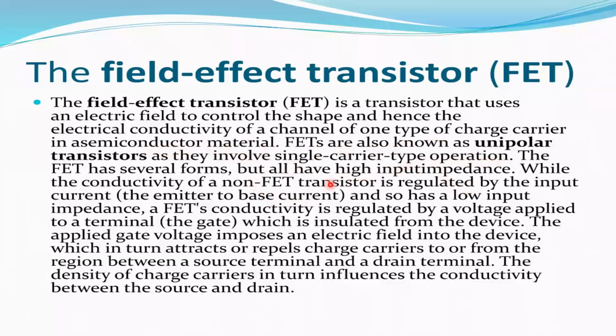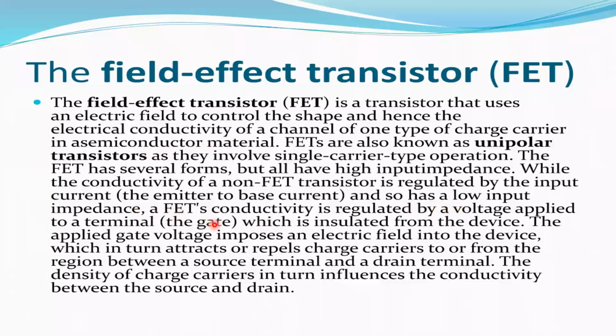The FET has several forms but all have high input impedance, while the conductivity of a non-FET transistor is regulated by the input current, the emitter to base current, and so has a low input impedance.